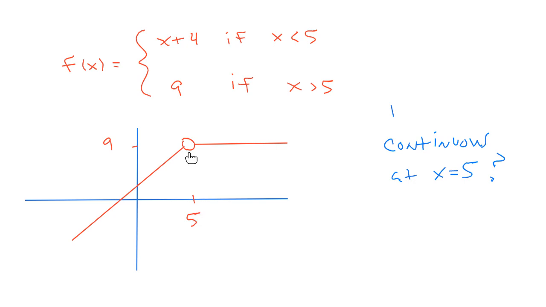So that point that's open because of it being strictly less than should be at whatever 5 plus 4 is, which is 9. And then this is 9 if x is strictly more than 5, but once again the point at 5 is not included because of that. And so it's not continuous at 5. Okay? So is it continuous at 5? No. And what's the reason? The only reason is because that point right there is missing.